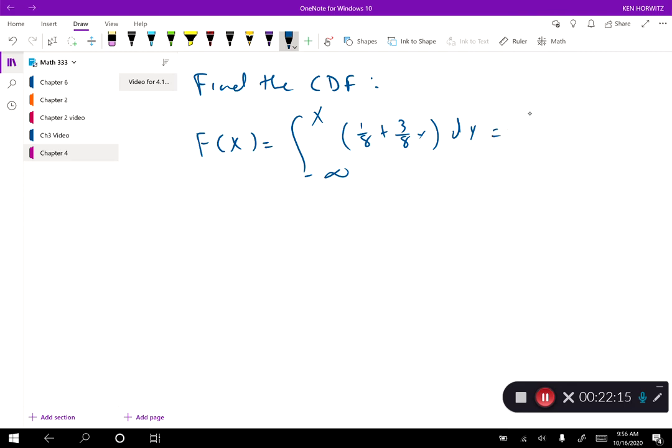And when we integrate, we get x over 8 plus 3/16 x squared.